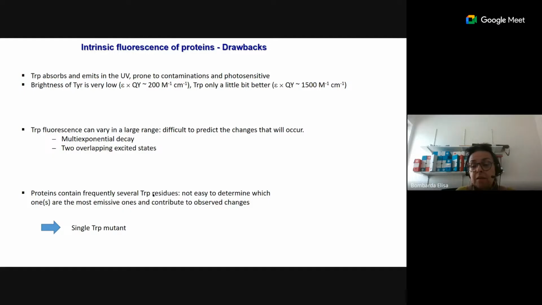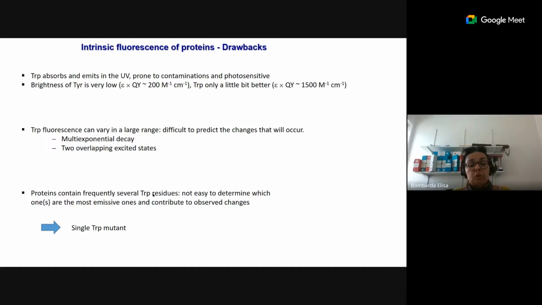Even if it's less frequent than other amino acids, a multi-tryptophan protein can exist. And that is an additional complication, because we may not know from which tryptophan the signal comes, and they can have different emissive properties.